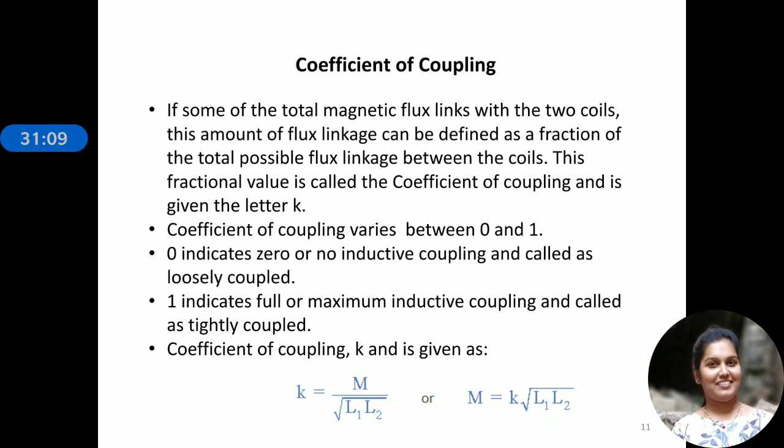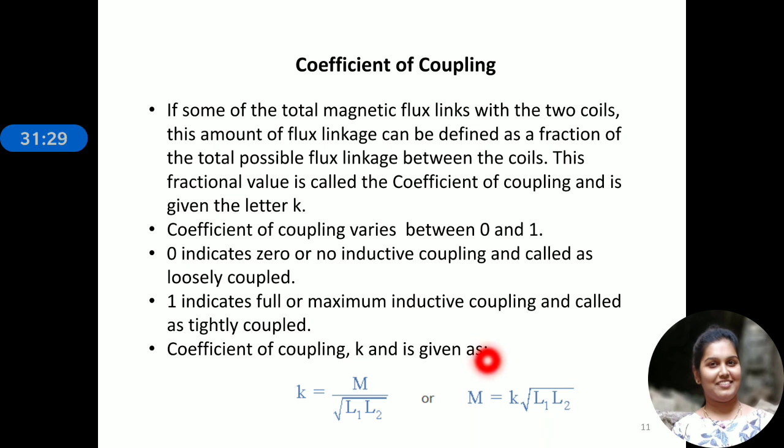Then the equation above, which assumes perfect coupling, can be modified to take into account this coefficient of coupling K as M is equal to K into root of L1 and L2.